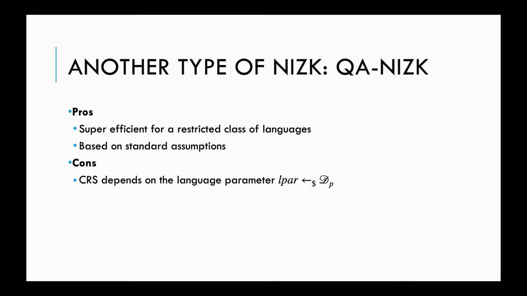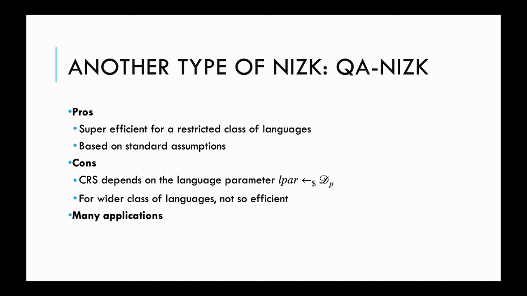Let's say it proves that the encryption under this public key is of plaintext 0. This restricts somewhat the model. Moreover, for a wider class of languages, KNIZKs are not so efficient. So we know how to construct KNIZKs for circuit satisfiability, but they are not succinct.